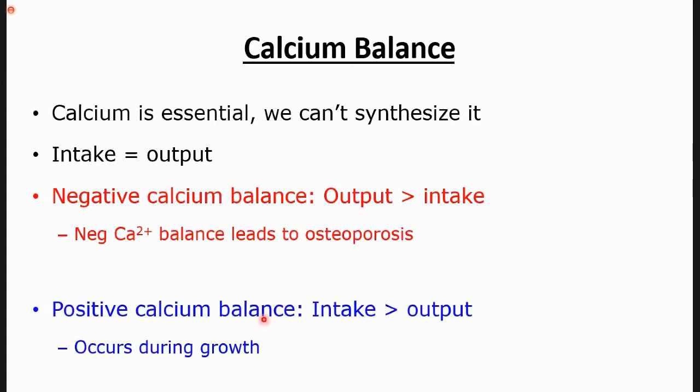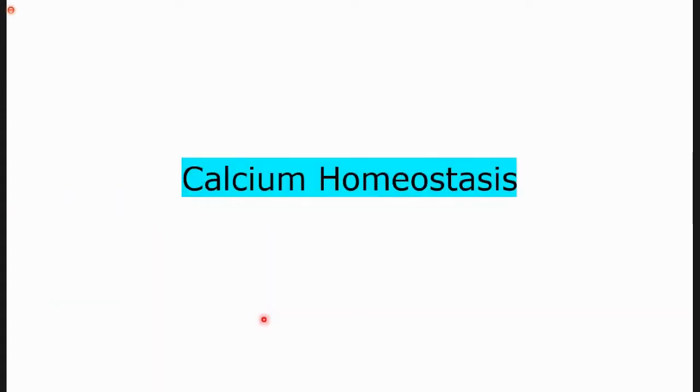Now, calcium homeostasis. We are discussing how calcium is maintained in its normal reference range. We should understand that there can be two possible conditions: either low calcium concentration or high calcium concentration. Nature has given us different mechanisms that maintain the plasma calcium concentration in its normal reference range.